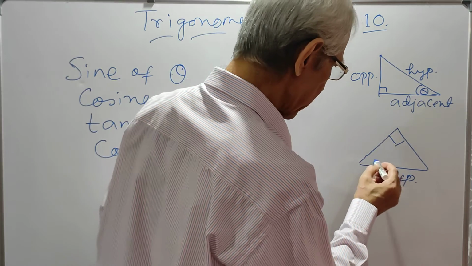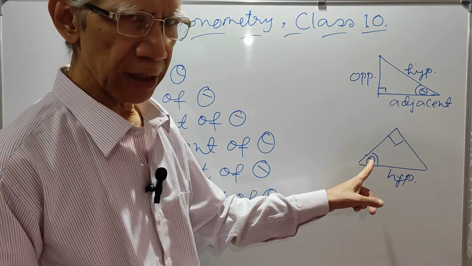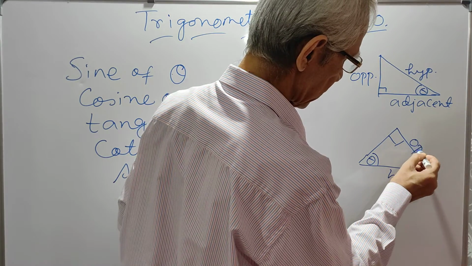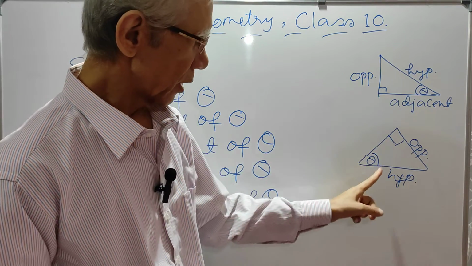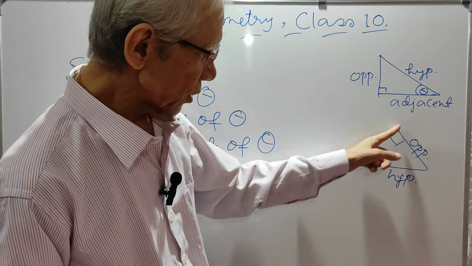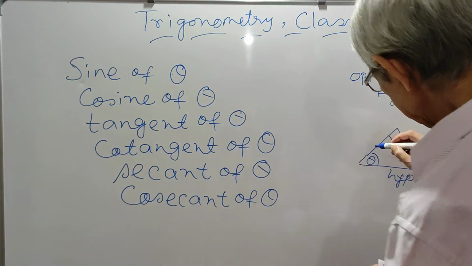Now if we consider this angle as theta, then this side will be opposite. So opposite to angle theta, this side. And this side is touching the angle theta, so this will be adjacent.